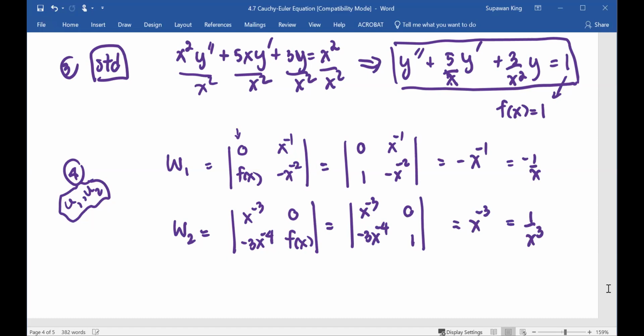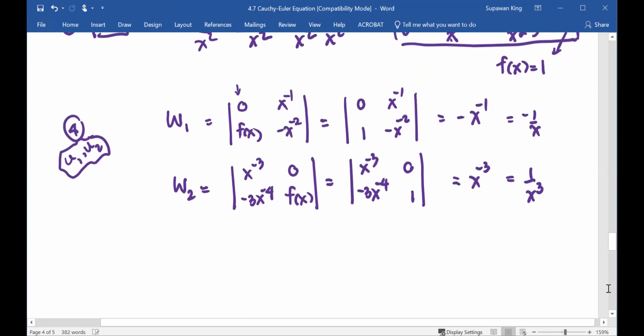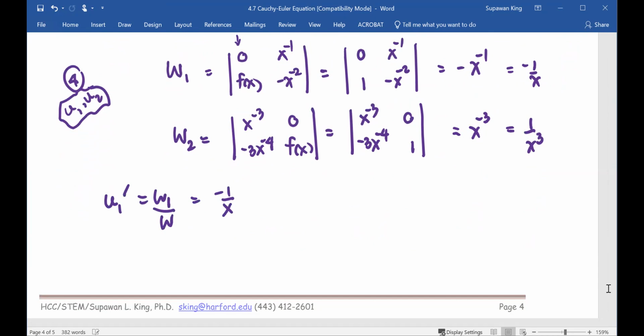Next, we're going to use W1 and W2 to find the U1 and U2. So the U1 term is W1 over W. W1 is negative 1 over x. And what is W? W is 2 times x to the negative fifth, right? So negative x to the negative first divided by 2 times x to the negative fifth.